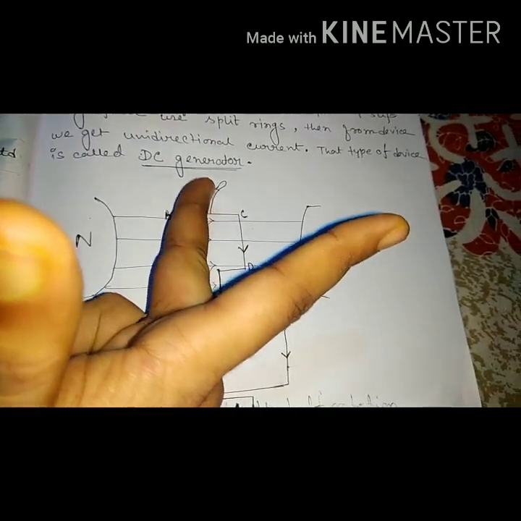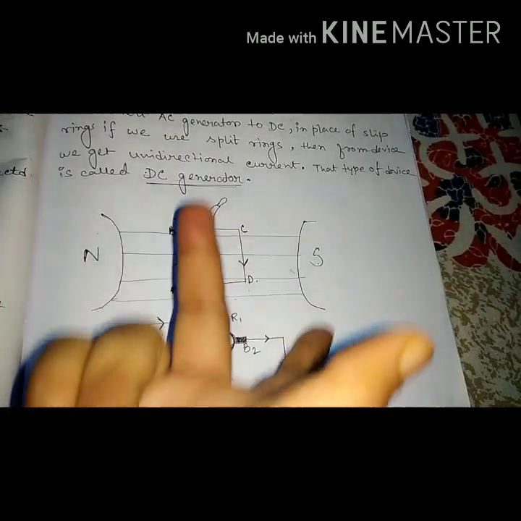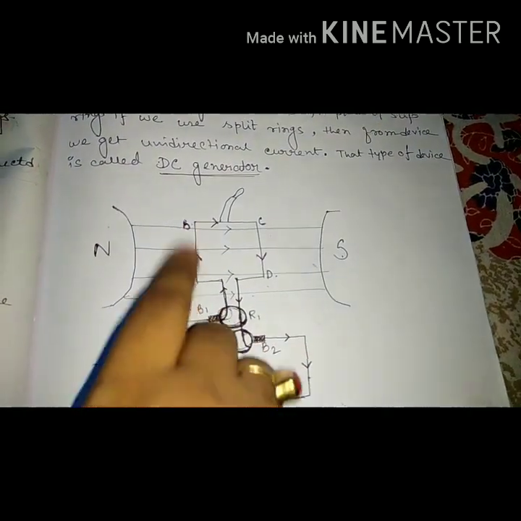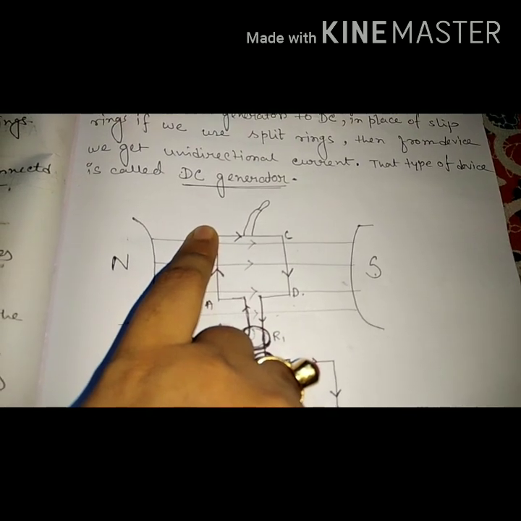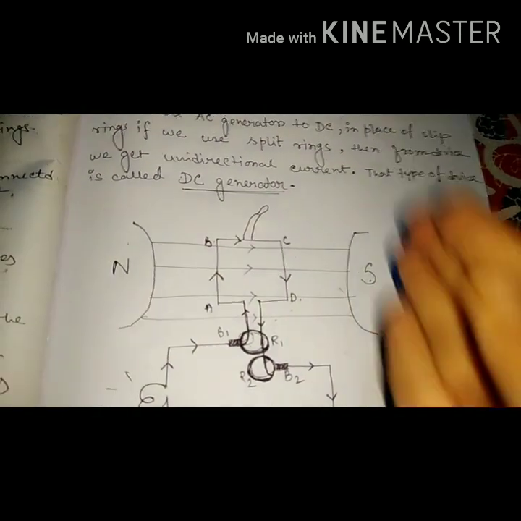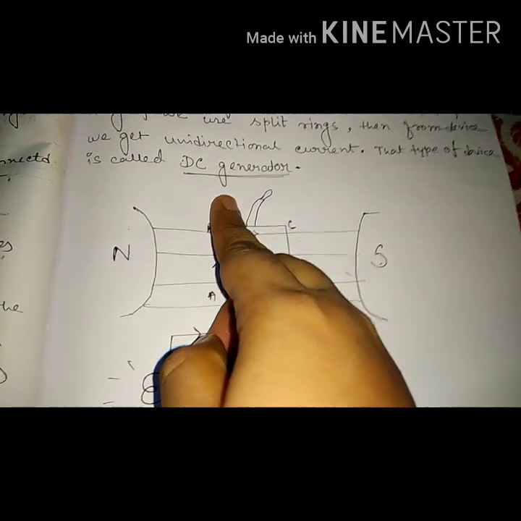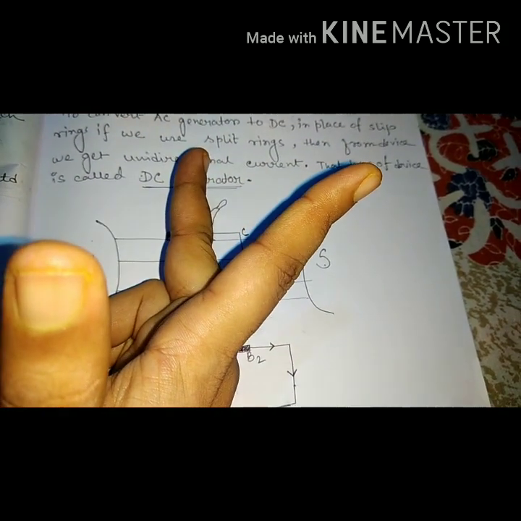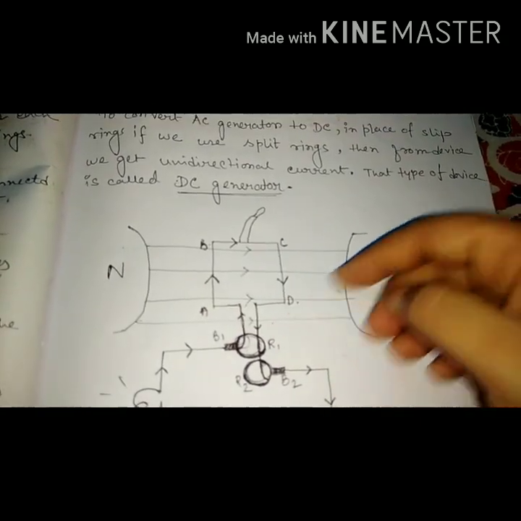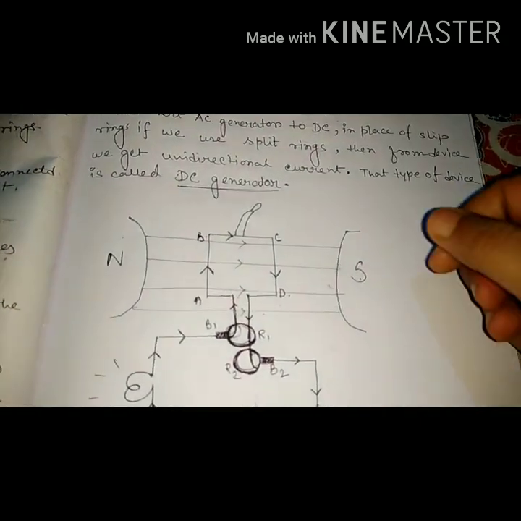So current will be induced this side, that means A to B, or we can say inside the coil, A to B. If we place it this way, force is the outward movement, this is the magnetic field, this is the direction of current.